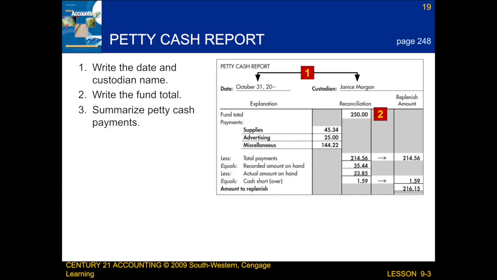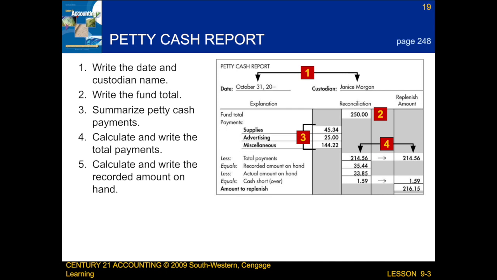Number 3 shows that we summarize the petty cash payments. Number 4 shows that we calculate and write the total payments. Number 5 shows that we calculate and write the recorded amount on hand.